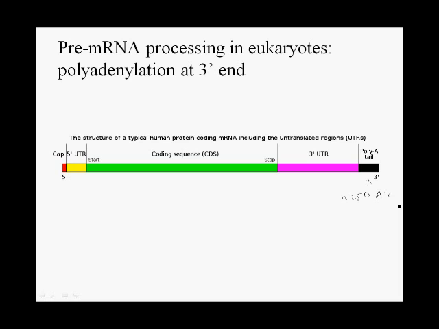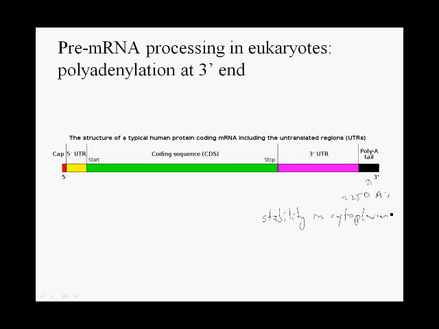What is this poly-A tail for? It's required for stability in the cytoplasm. What happens is that once these RNAs make it out into the cytoplasm, their poly-A tails gradually shrink, and once the poly-A tail is gone, the rest of the messenger RNA is rapidly degraded.